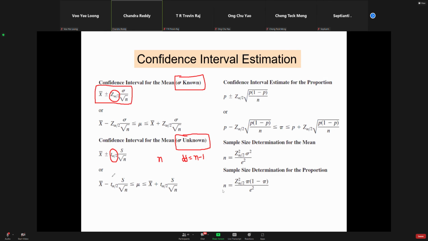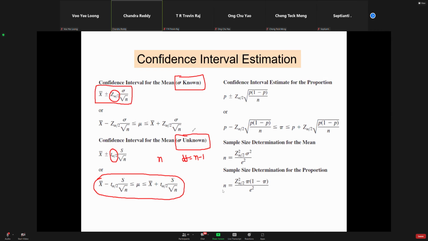We will be using the t distribution tables, which we looked into during the last session. This is the formula we'll be using for confidence interval estimation when the population standard deviation is unknown.